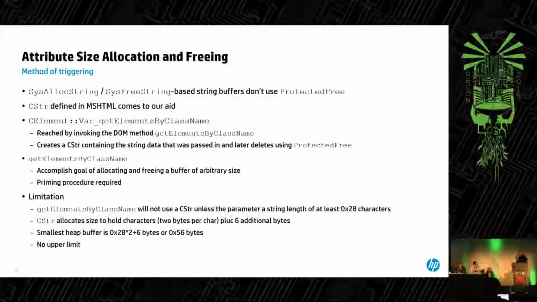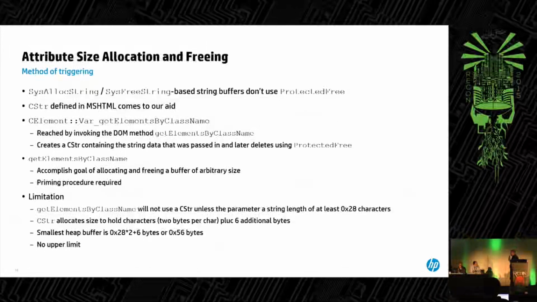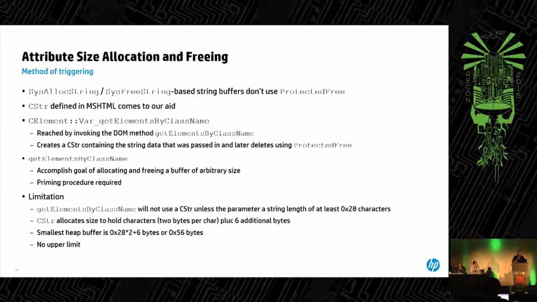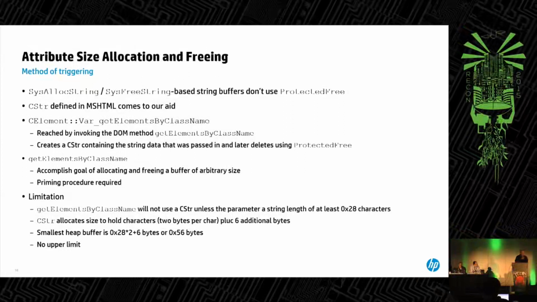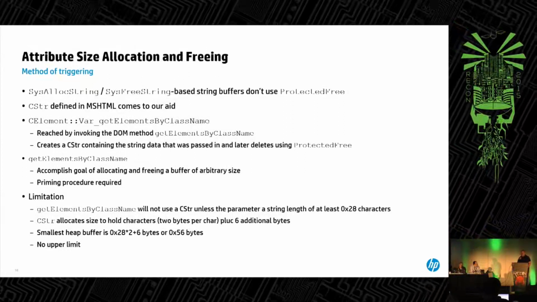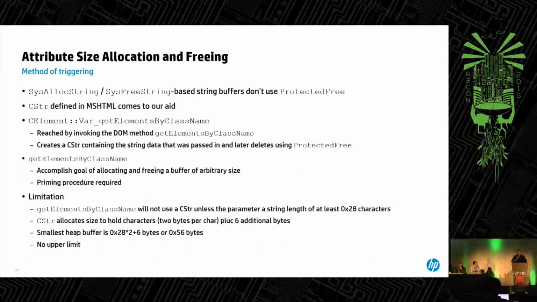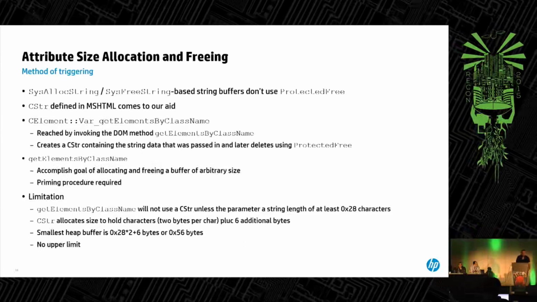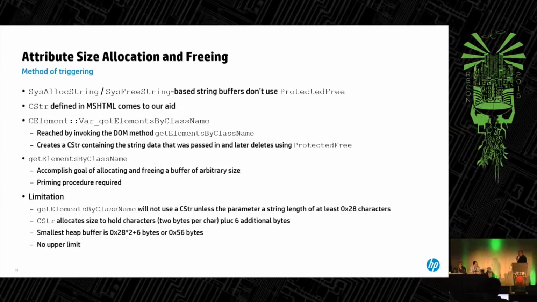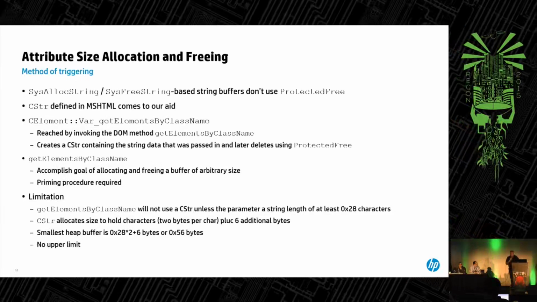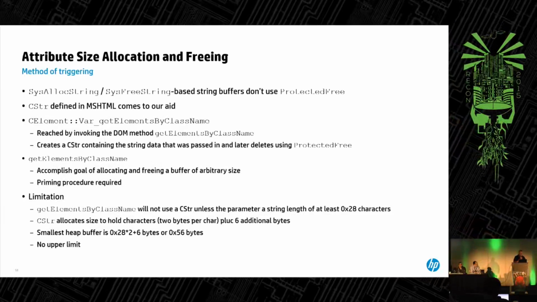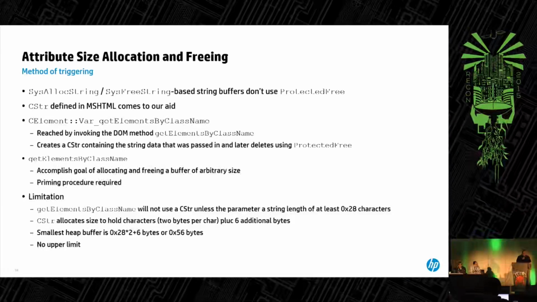So we need a method for arbitrarily allocating objects and arbitrarily freeing objects. We can't really rely on SysAllocString or SysFreeString-based string buffers because they don't use protected free, and that's what we need. So in this case, CStr comes to our aid in MSHTML, and we can use the DOM method getElementsByClassName.